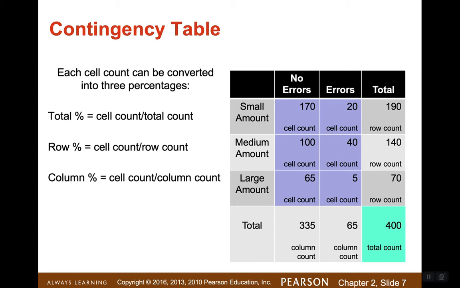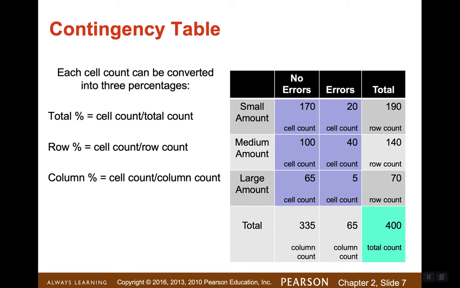Now after we move things into the individual buckets, we can come back in and do another form of analysis, where we convert every cell count. We can run a calculation on it. There are three percentages we're going to generate. One is the total percentage, which is the cell count versus the total count.